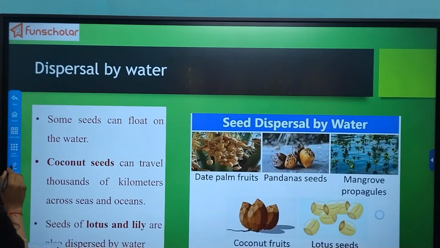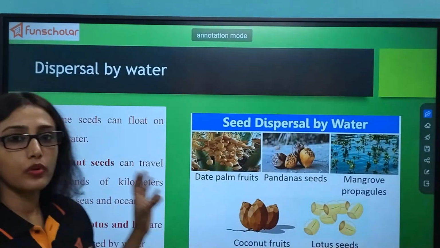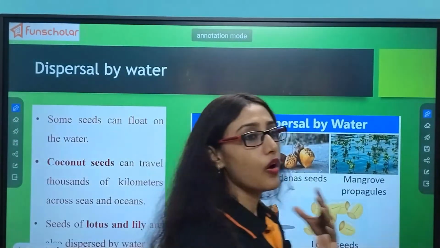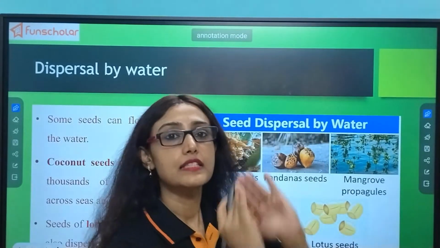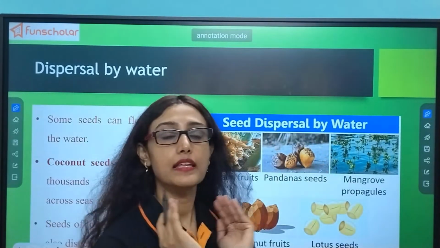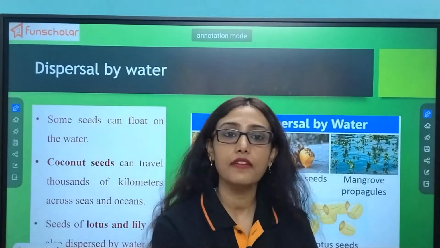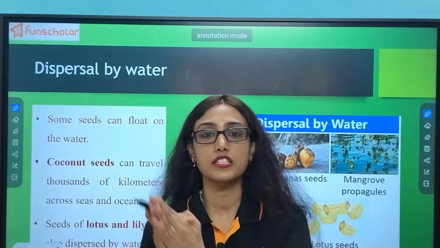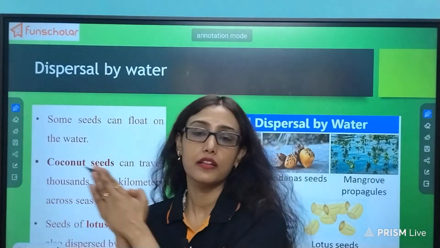Now by water, I have told you that coconut seeds can travel or float in water. Though it looks heavy, its outer covering is made in such a way that it can float in water. So if they can float in water, just like boats, they travel from one place to another.